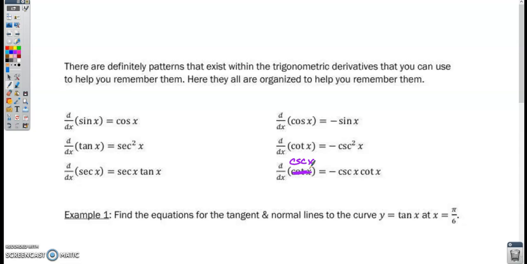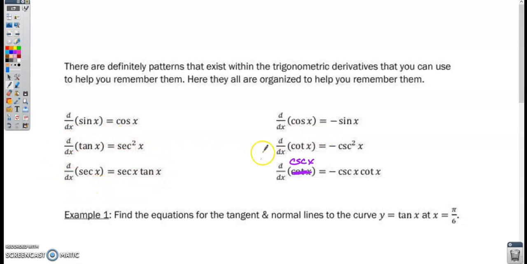But then you can see some other relationships, they're tied together horizontally here as well. The derivative of sine and cosine are tied together, where the derivatives of each other contain each other. The derivatives of tangent and secant are tied together.